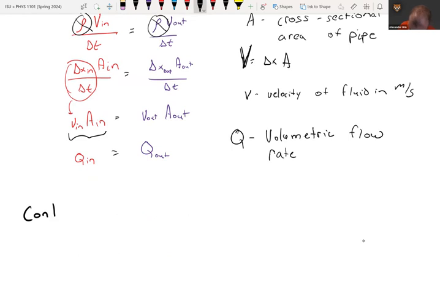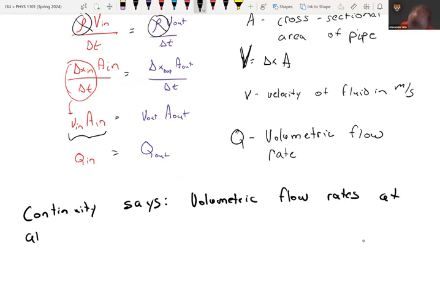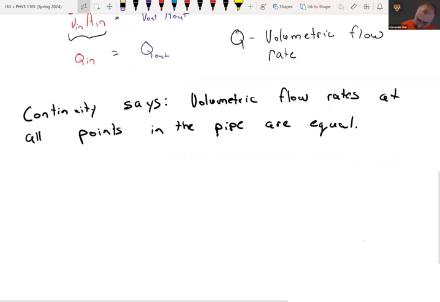Continuity equation says volumetric flow rates at all points in the pipe are equal.